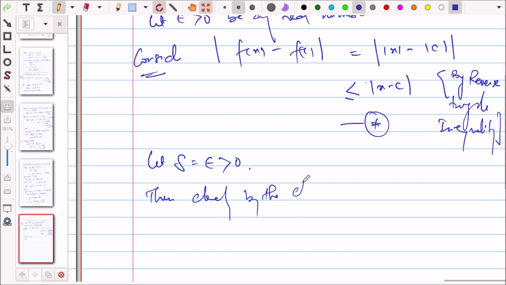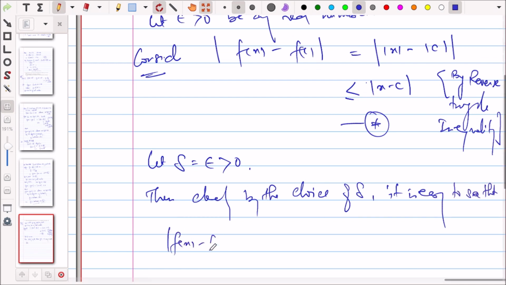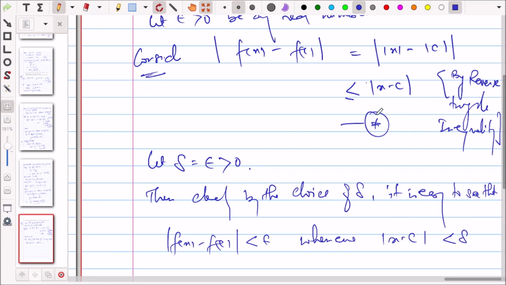Then clearly, by the choice of delta, it is easy to see that fx minus fc is less than epsilon whenever mod x minus c is less than delta. This follows straight away, because this less than delta means this is less than epsilon, since delta is equal to epsilon.